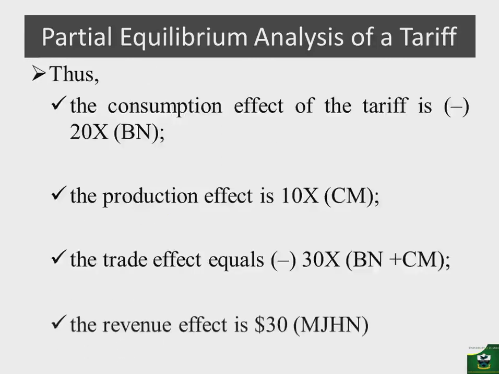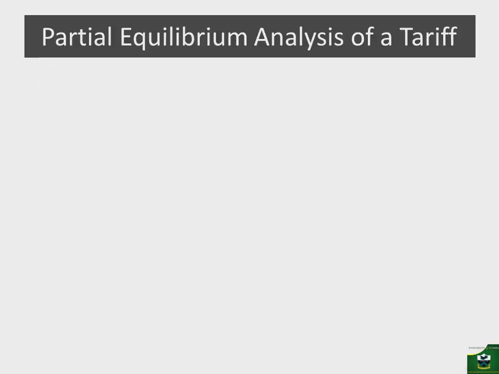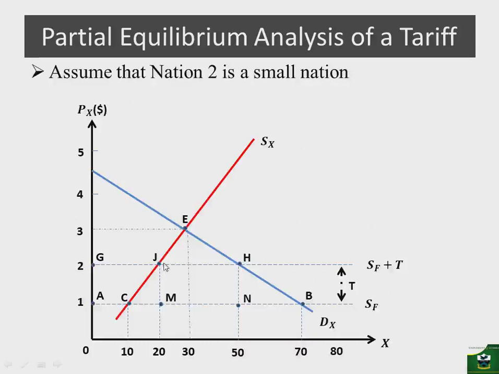The last part of the effect is the revenue effect, which is the area in the middle of $30. So that's the area we have here. So this is the total revenue that the government is going to collect. So remember that 1 is the free trade price, and therefore the 100% tariff will bring the price to 2. So in other words, the tax value here is 1.